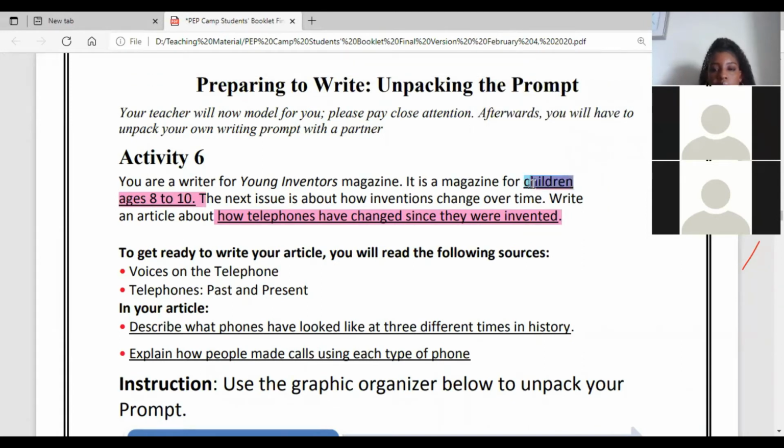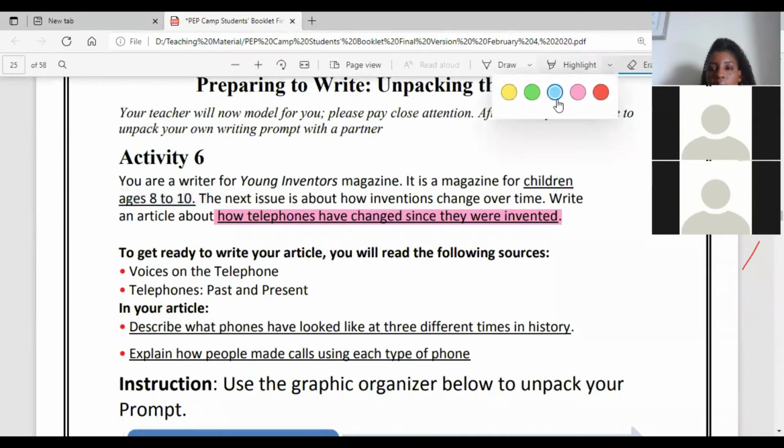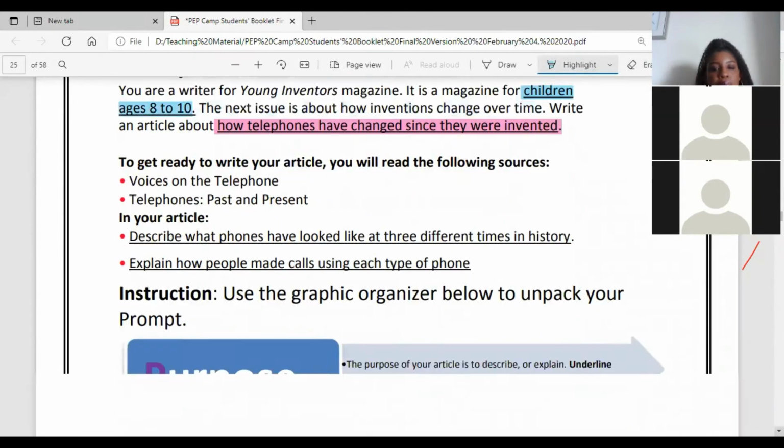So we have identified the purpose and the audience. So now we're at the strong verb. When you look back at the purpose, I'm going to scroll down to it shortly after highlighting the audience here.